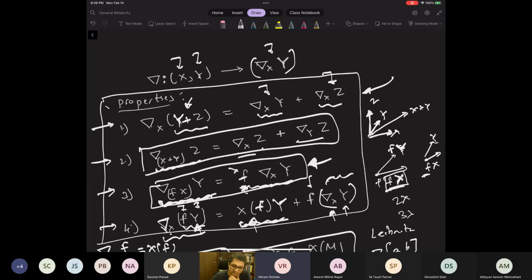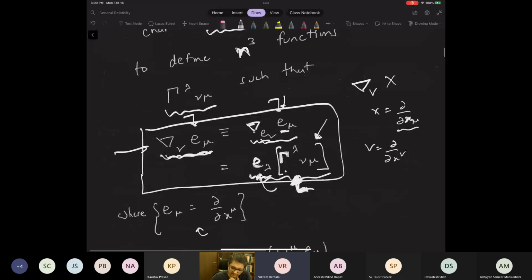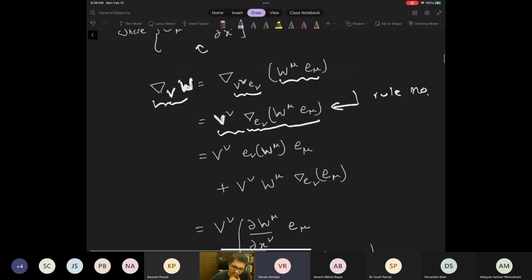The second rule, because this is a sum over basis vectors. That's a good point. There's a sum over basis vectors here, and these have arbitrary coefficients. So first you can think about doing this for each one.